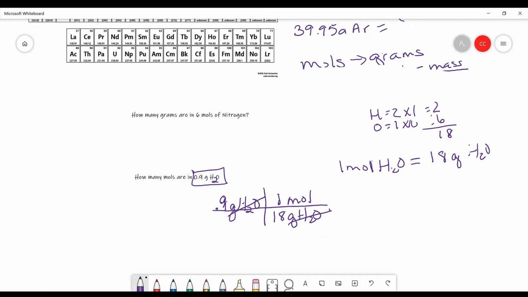So 0.9 divided by 18 should equal 0.05 moles of H2O.